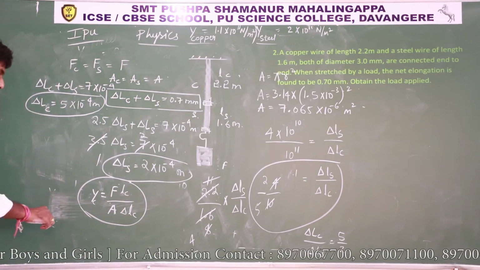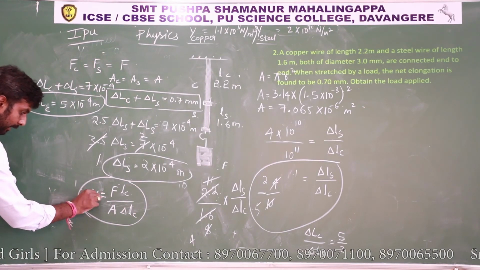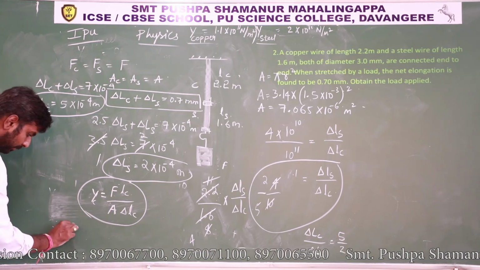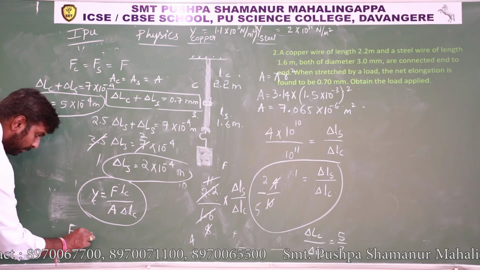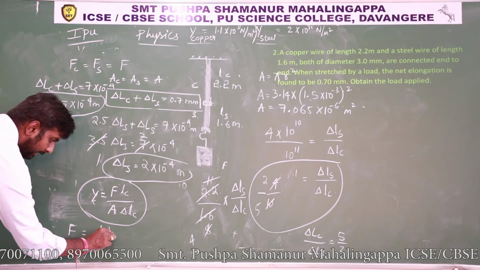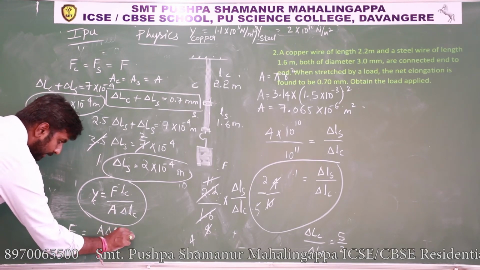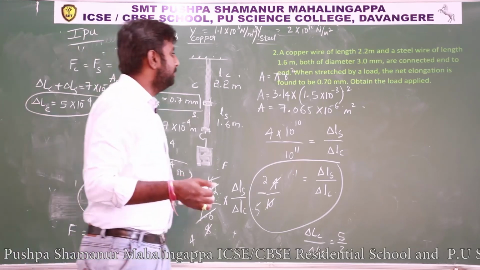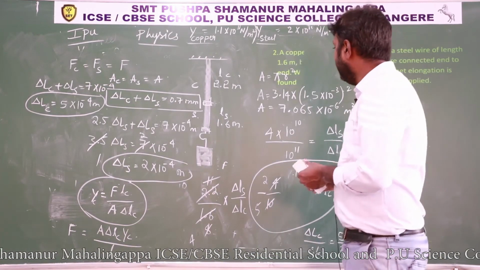So every value now I will substitute here to find the value of F. Then F equals A into delta LC into YC divided by LC. Substitute and find the final answer.